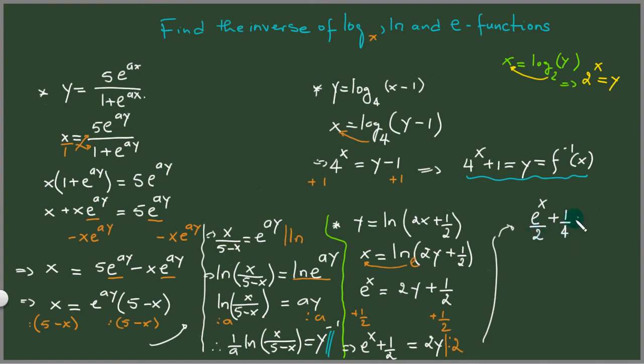Or I can even write it, because we divided by 2, like 2e to the x plus 1, and the whole thing over 4. This is actually the same thing, right? So this is our inverse function of this function right here.